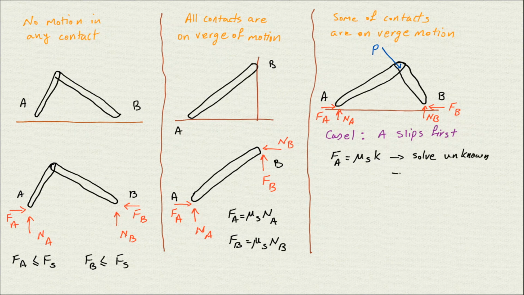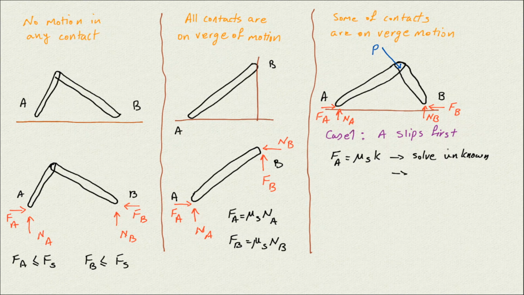And then, for example, in this case we want to find the minimum value for P that makes this start to move. So we want to know the maximum value for P before either A or B starts to move. We assume in case one that A starts to move first.